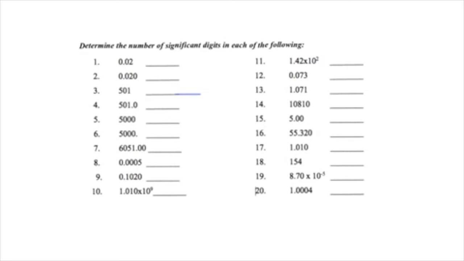Both of these zeros are considered leading zeros. They are zeros that come before the first thing that isn't 0. And according to our rules, leading zeros never ever count. So we know those guys don't go for significant figures, which means in the number 0.02, there is a single significant digit, 2. It's the only one that counts.